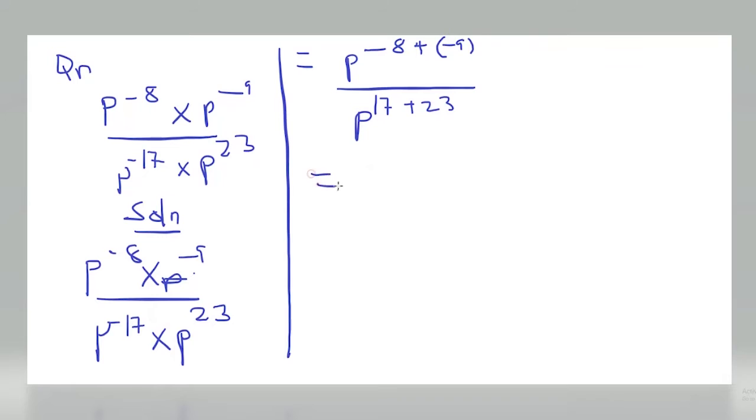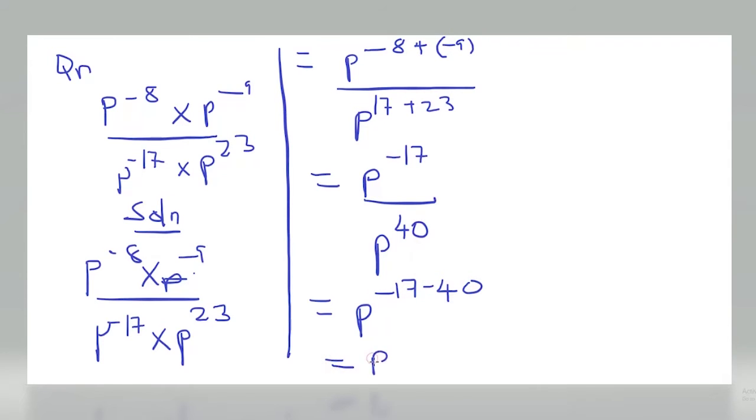Now negative 8 plus negative 9 is negative 17 over p power 17 plus 23, which is equal to 40. Now according to the law of division, this one can be written as p power negative 17 minus 40. Now this one will be equal to p power negative 57, which is the answer.